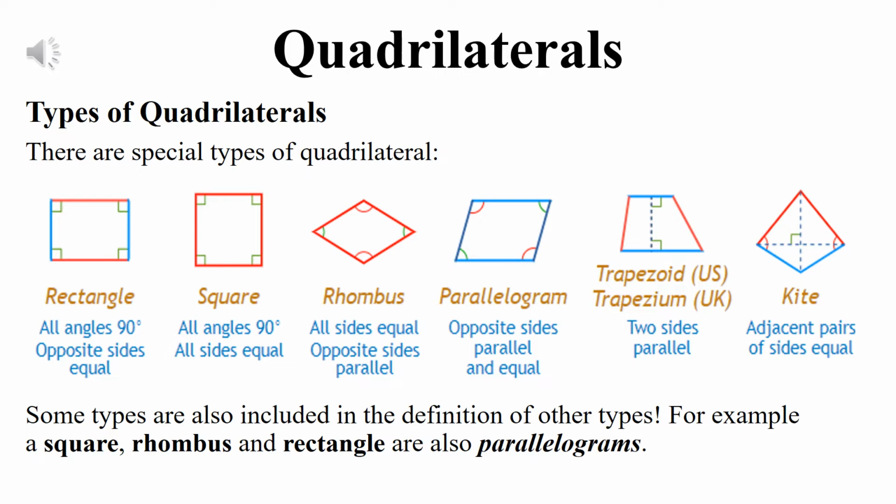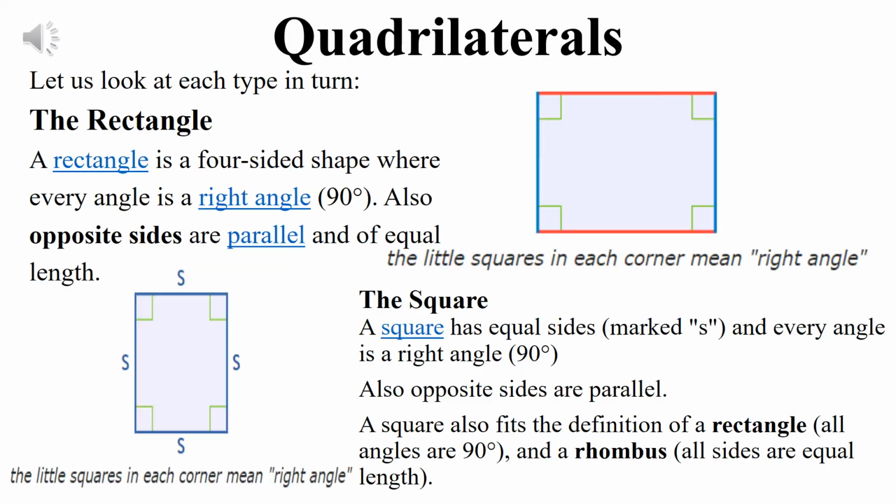Trapezoid in the US, trapezium in the UK, two sides parallel. Kite, adjacent pairs of sides equal. Some types are also included in the definition of other types. For example, a square, rhombus, and rectangle are also parallelograms. Let us look at each type in turn.